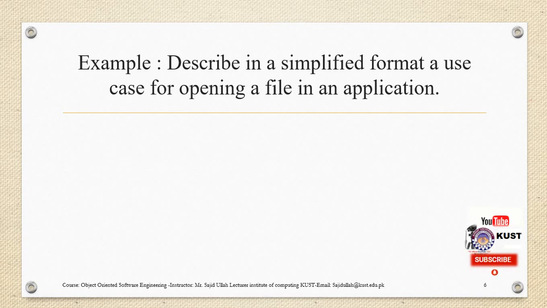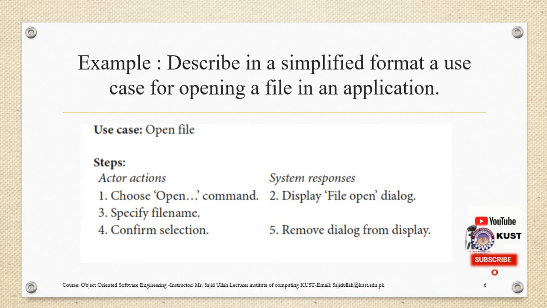There is an example to describe a simplified format use case for opening a file in an application. For example, if you want to open a file in MS Word, you should describe a use case for it. Simplified format means that you just write its name and steps and omit the other sections of the use case.